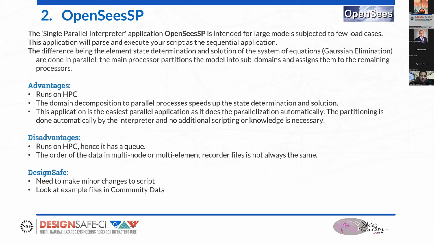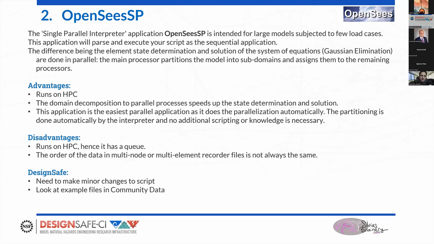OpenSeesSP, as I've described already, is intended for large models with very few load cases, because you're really running the analyses in sequential order. The application is actually going to read the script just as it does with your sequential application, but internally, if you're using this and you use the specific solvers that go with it, and of course you need to look at the documentation examples, what it's going to do is distribute the solution and the equations to the different processors.